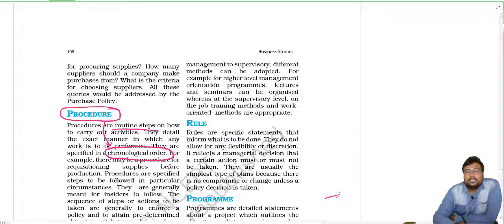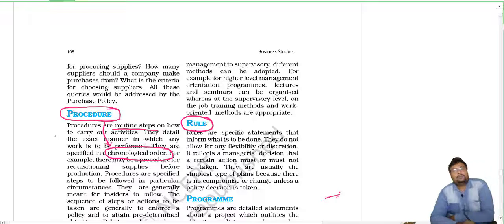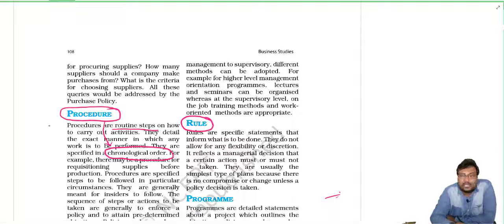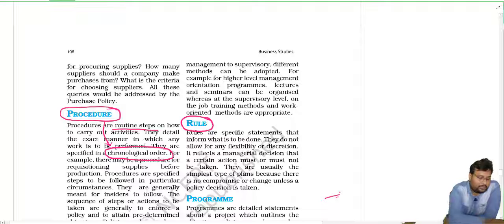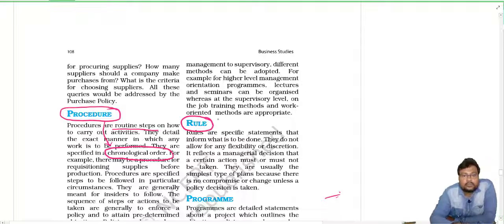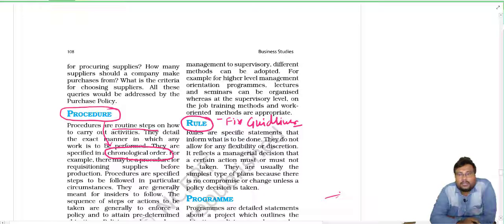Now look beta, this is the basic difference between policy and rule. Policies are general responses, general guidelines. But rules are very simple, beta. Rules are your fixed guidelines. Rules are fixed guidelines for completing any task.